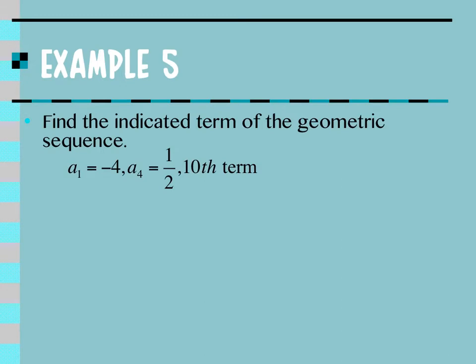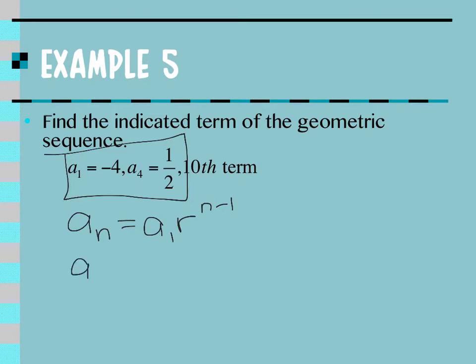Okay, example 5 says find the indicated term of the geometric sequence. So this time I know a sub 1, I know a sub 4, and what I'm looking for is the 10th term. So what I don't know this time is the common ratio, right? But if I'm given a sub 1 and a sub 4, then I can rewrite a sub n equals a sub 1 r to the n minus 1 as a sub 4 equals a sub 1 r cubed.